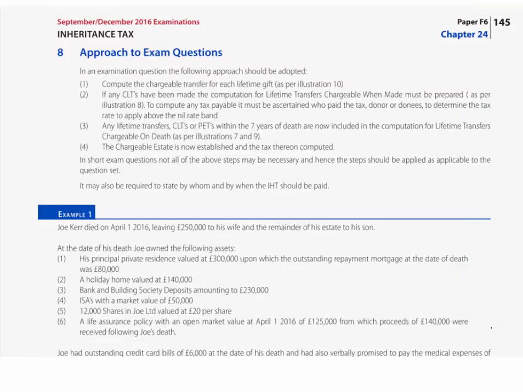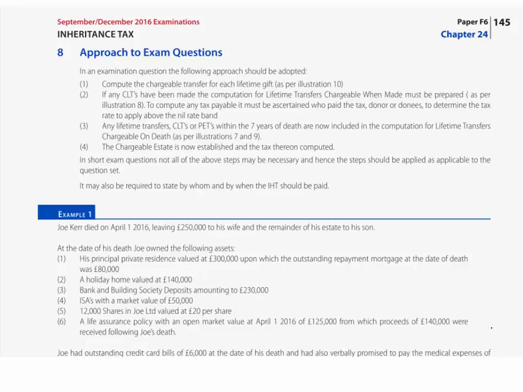Okay, well it's summary time now, bring it all together time, with section 8, our approach to exam questions, or as we should now say, our approach to a section C examination question. Now again, we could have a similar section B type of question, but there specifically of course there will be individual objective testing questions which say, I want you to calculate this, I want you to compute that, I want you to tell me an answer to this particular narrative question or whatever there.